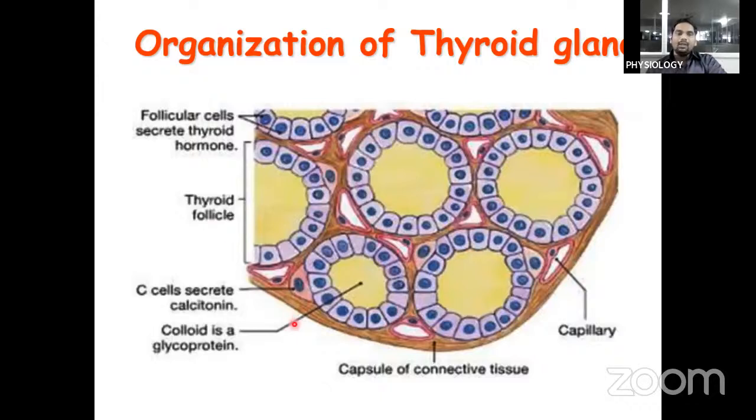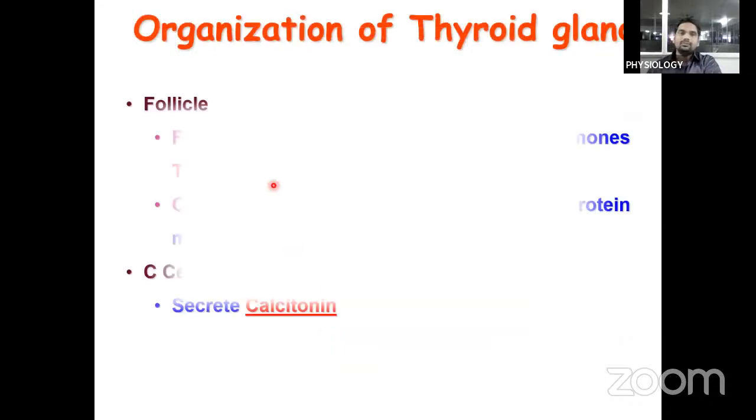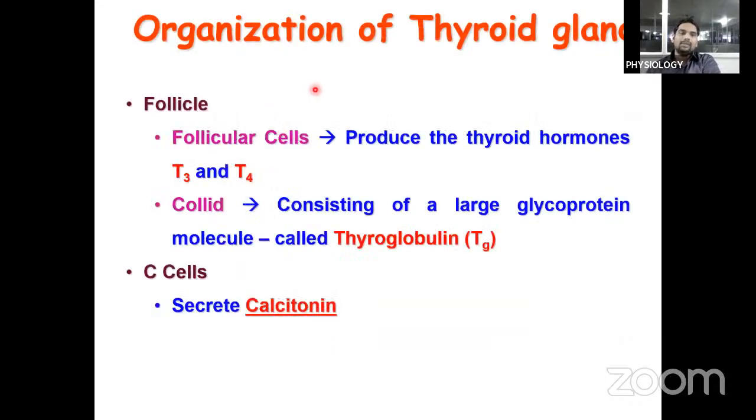To summarize, follicular cells produce the thyroid hormones T3 and T4, and the colloid consists of a large glycoprotein called thyroglobulin. Parafollicular cells, also called C cells, secrete calcitonin, which lowers your calcium level and also regulates calcium in our body.